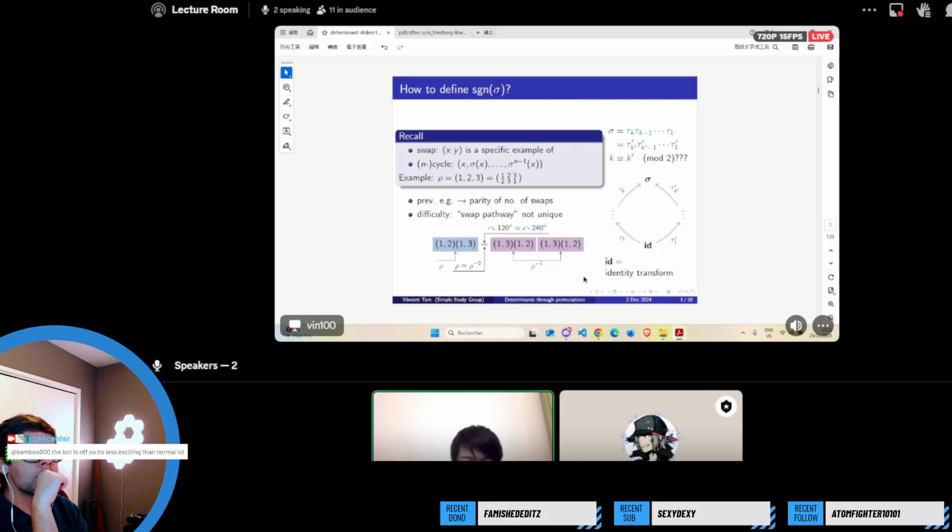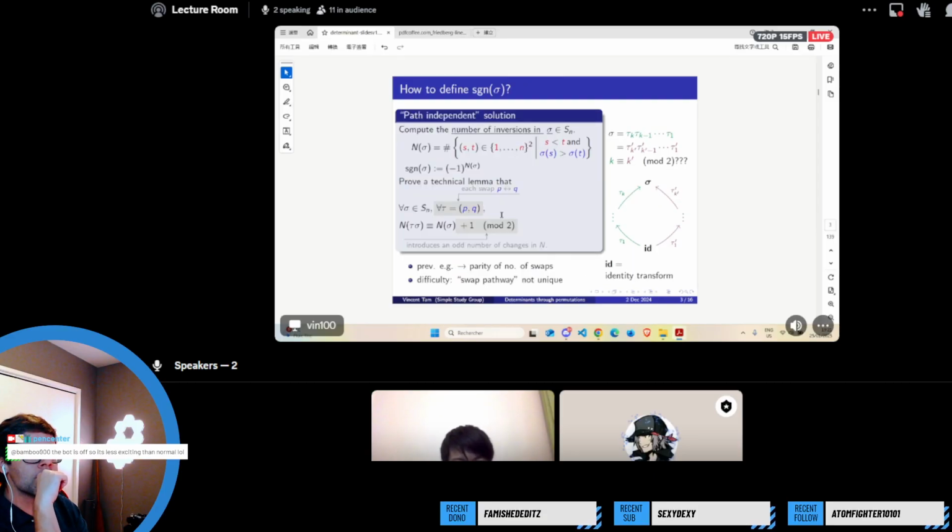So what we will do is try to define something called inversion, and then we will try to count the number of inversions.